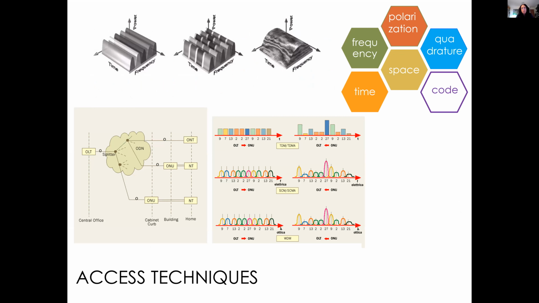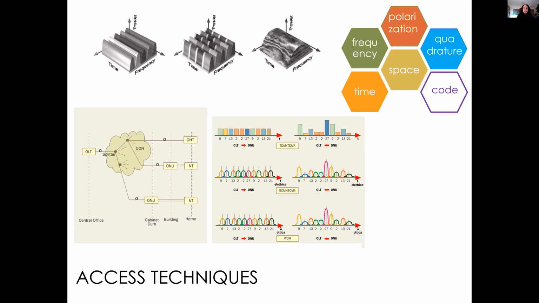Maybe you are too young, I don't know, but the second generation of mobile communication was based on codes. It was called code division multiple access. So it was not time, not frequency, but a hybrid domain where you can give a code to different users and they can access the network.